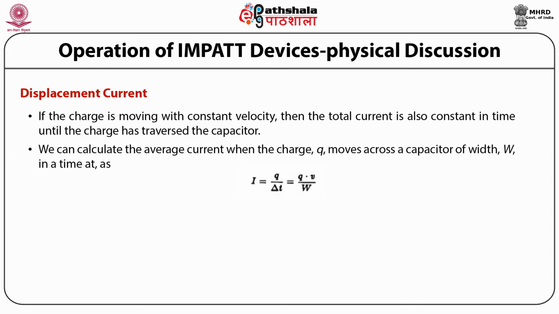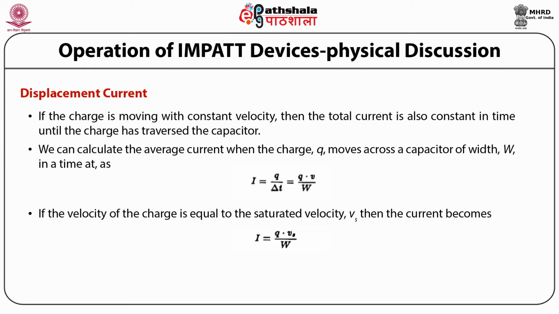So we can now calculate the average current when the charge Q moves through the capacitor of width W in a time delta t, given by I equal to Q by delta t equal to Q multiplied by V divided by W. So if the velocity of the charge is equal to the saturated velocity Vs, then the current becomes I equal to Q Vs by W.